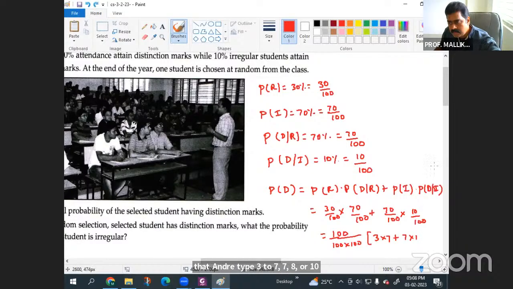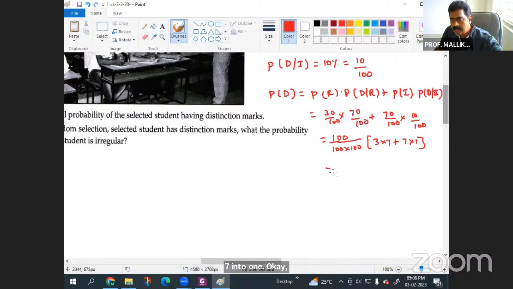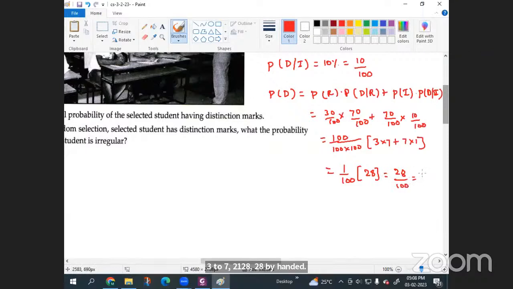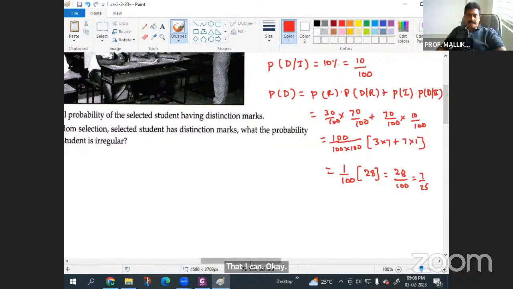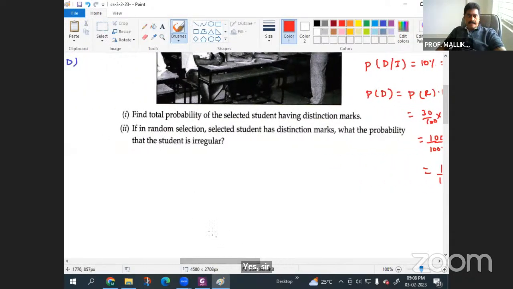Now 100 will get cancelled. 1 by 100 left. 3 into 7 is 21, plus 7 is 28. 28 by 100, that is 0.28, which is 7 by 25. Correct? Yes, sir. What is the next question?